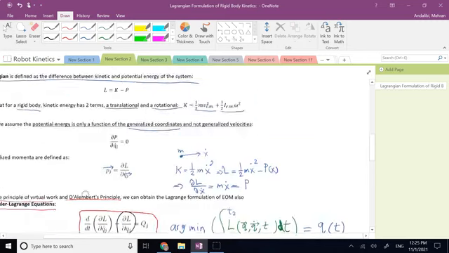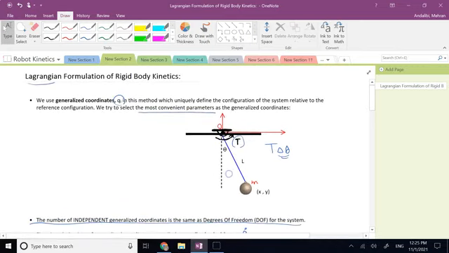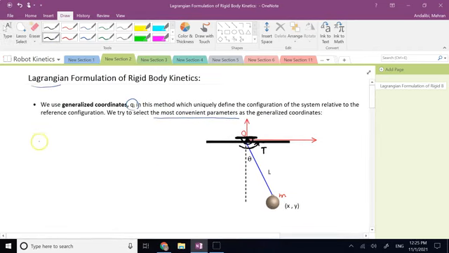And so if you notice, for the pendulum we can select different parameters as our generalized coordinates. The simplest case is the angle theta. And here the kinetic energy of the system K is 1/2 mass times velocity of this object squared.